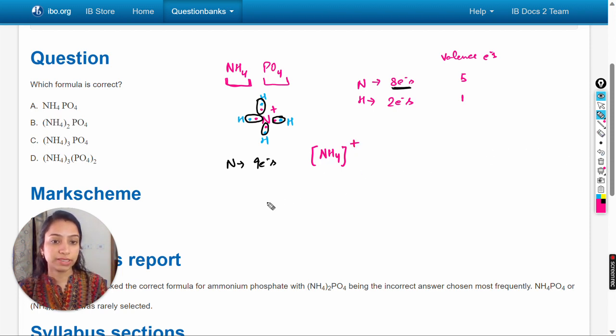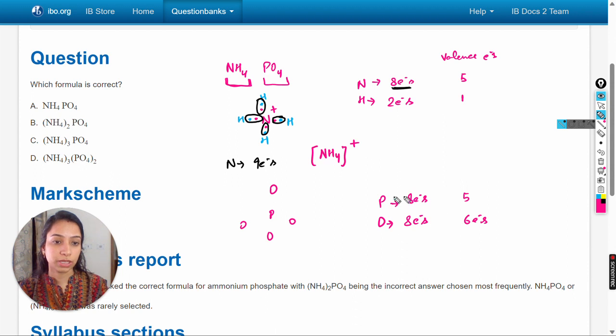Now next is PO4. So P has 5 electrons and O has 6 valence electrons, and according to the octet rule there should be 8 electrons around the phosphorus as well as the oxygen atoms. So here in the center we will write the phosphorus, then oxygen, right?